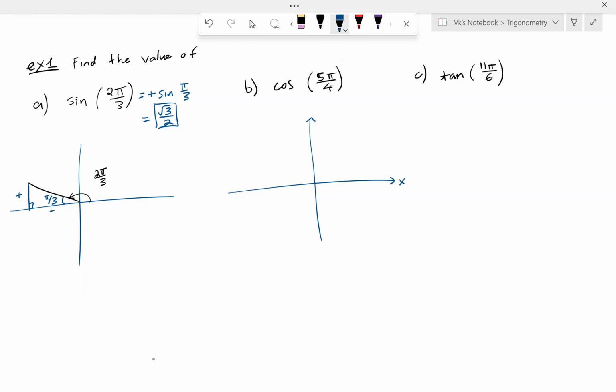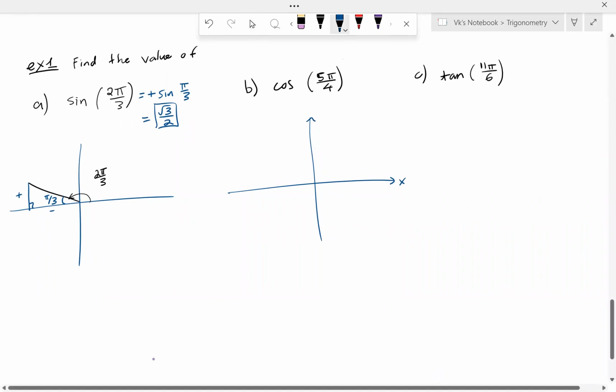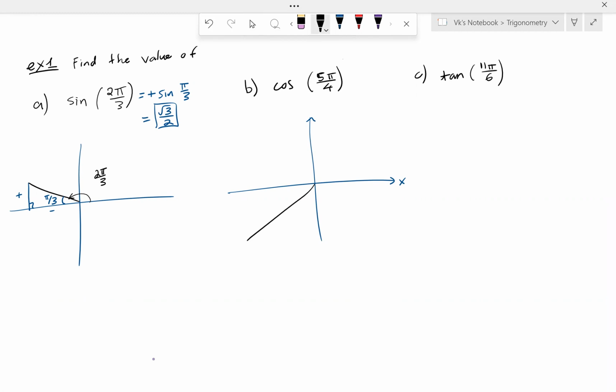In B, we have cosine of 5 pi over 4. 5 pi over 4 is in the third quadrant. It's right here. The corresponding right triangle is this one.